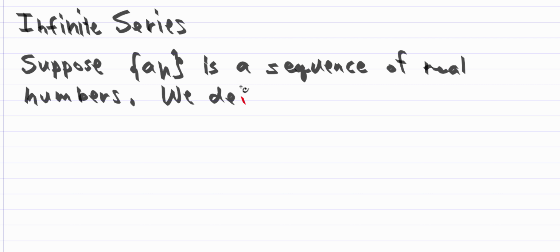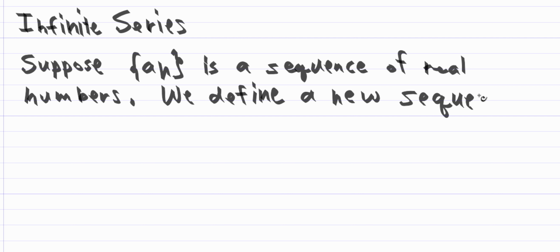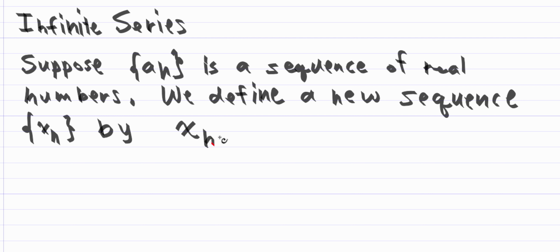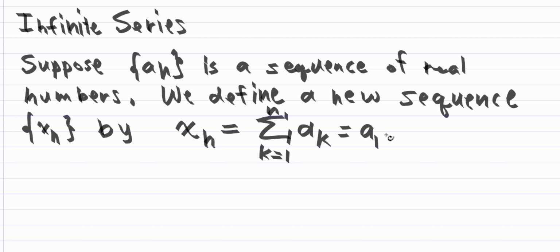We define a new sequence xn by setting xn equal to the sum on the index k equals 1 to n of the terms ak. And so this is a1 plus a2 plus all the way up to an.